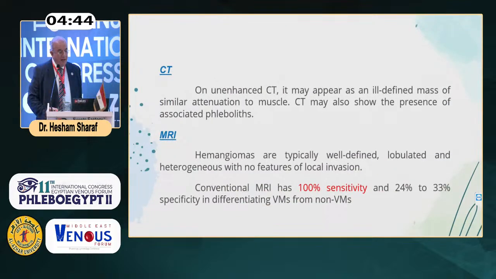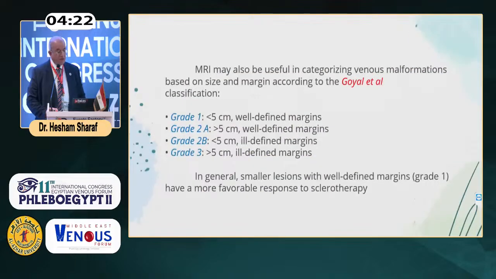On unenhanced CT, it may appear as an ill-defined mass of similar attenuation to the muscle. On MRI, unlike hemangioma, they are typically well-defined, lobulated, and heterogeneous with no feature of local invasion. Conventional MRI has 100% sensitivity in diagnosis of venous malformation.